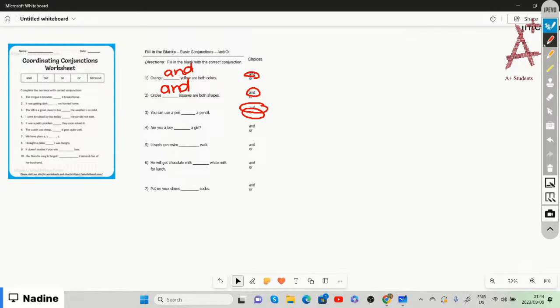So you can use a pen and a pencil because that can maybe show that it is a test where you can use both. Or sometimes you can say you can use a pen or a pencil. It's like giving someone the option. So this can be very tricky. It can be and, and it can be or. It depends on the context.